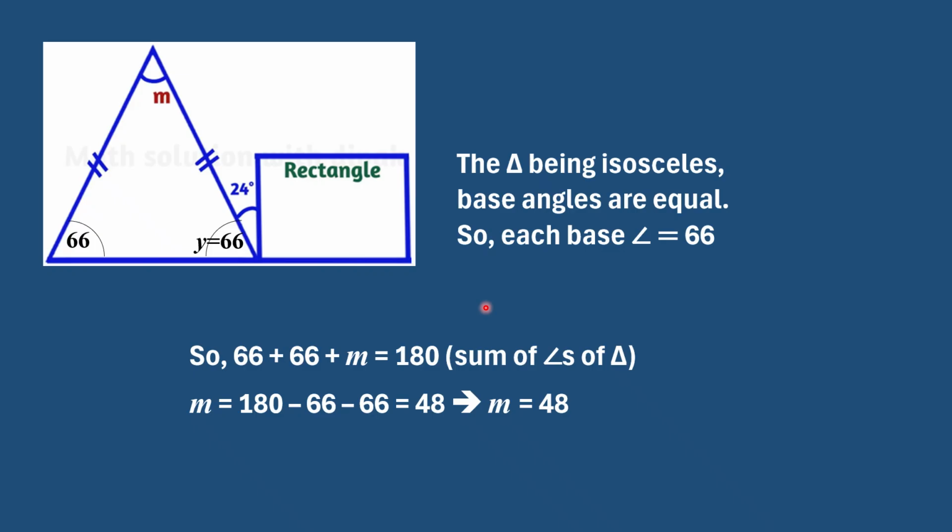It's not confusing, but the figure might look confusing, but you applied simple facts. That rectangle means each angle is 90. Isosceles triangle means both base angles are equal. Sum of the three angles of a triangle is 180. These are simple facts. So that was the solution. m equals 48, the vertical angle is 48 degrees.